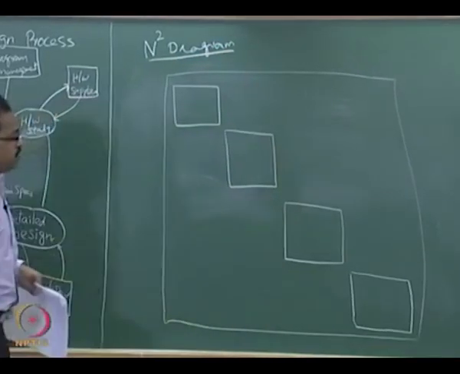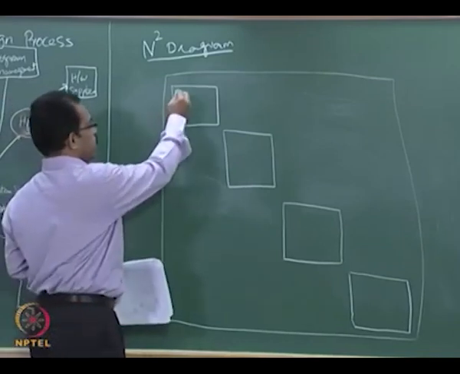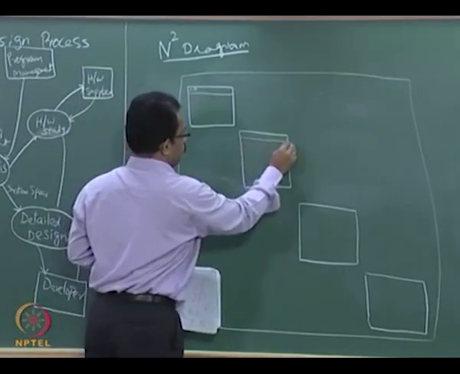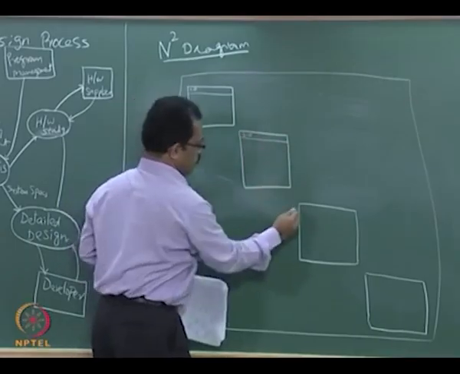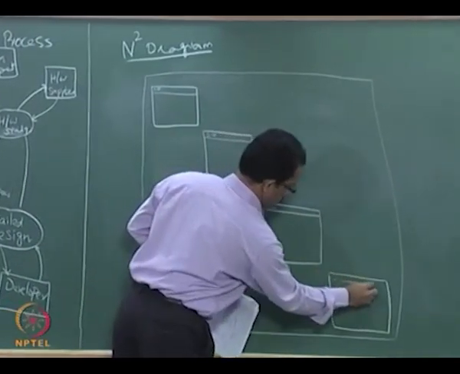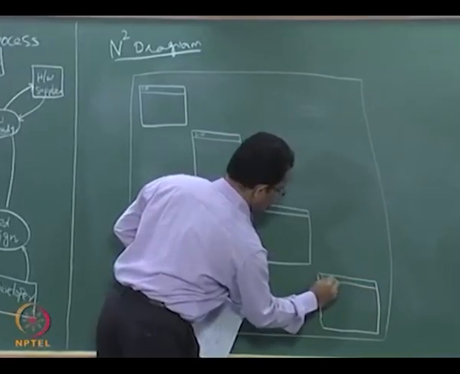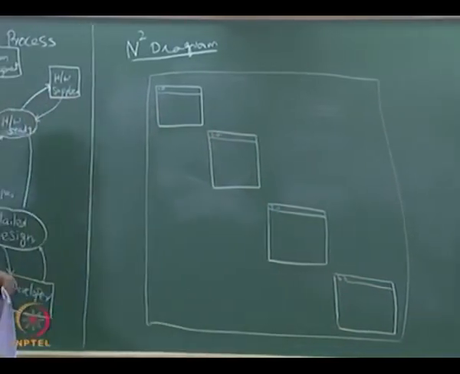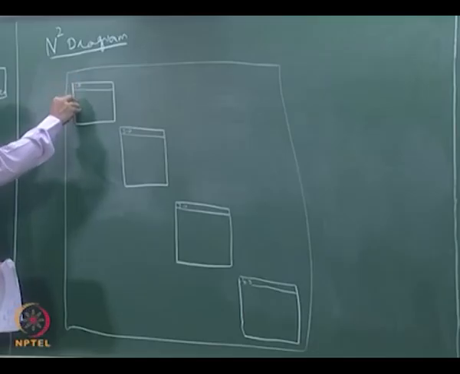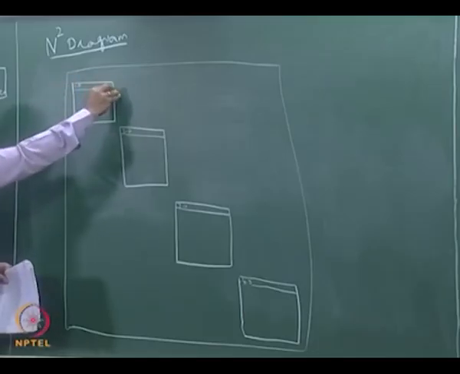Now the main functions are represented along the diagonal, and we give them the numbers 1.0, 2.0, 3.0 and 4.0 and so on. These are the main functions, or the divided functions, of a system. These functions are represented using a rectangle or square shape, and all the functions are written here.